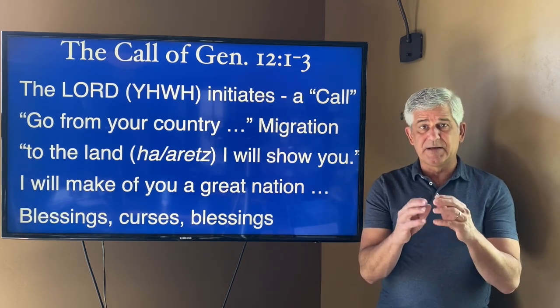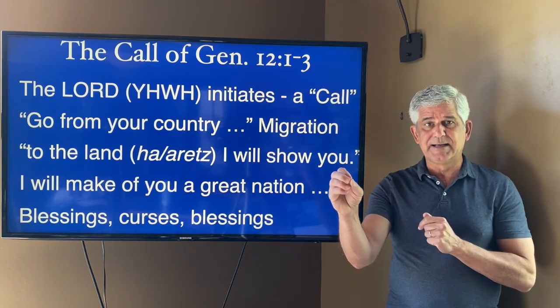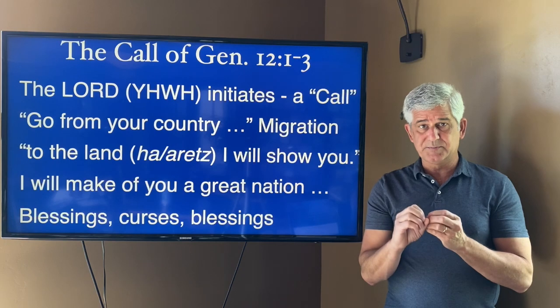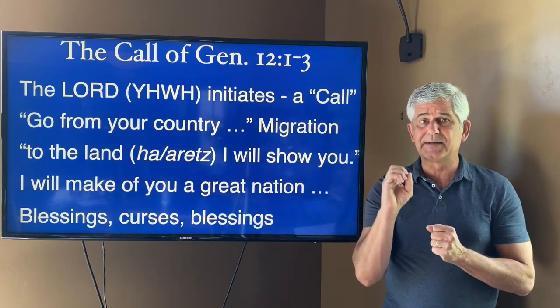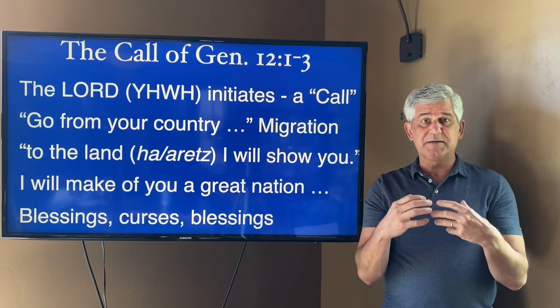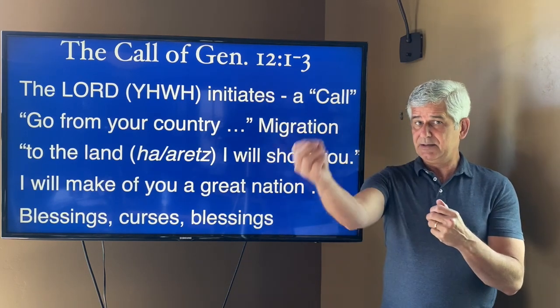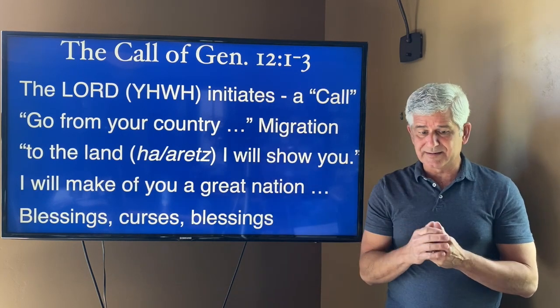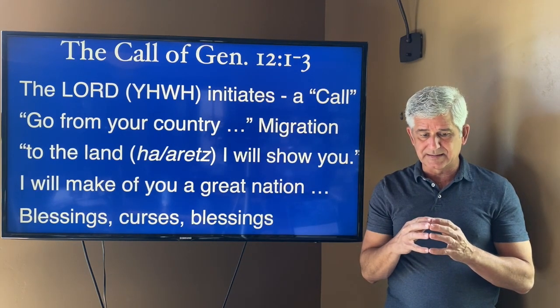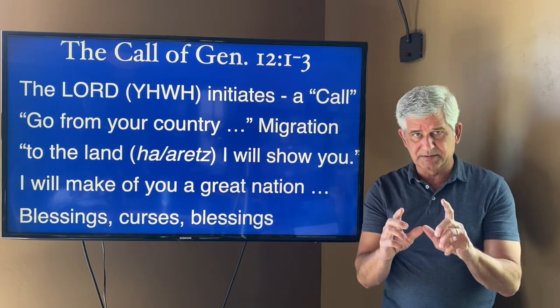And there is a destination. It's not yet going to be clear. And so at this point in the story, just go to the land that I will show you. So this makes a migrant story without a particular identity in mind of where exactly Abram is going to end up. And then comes the promise.